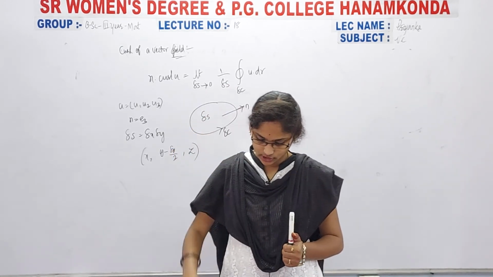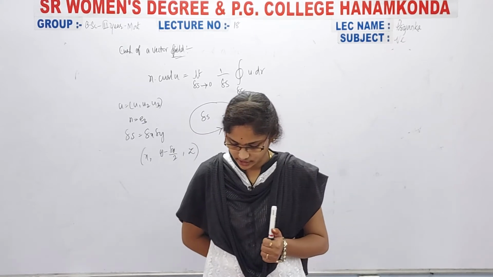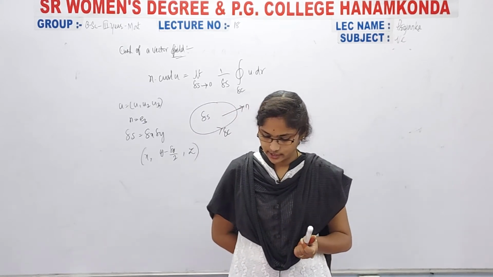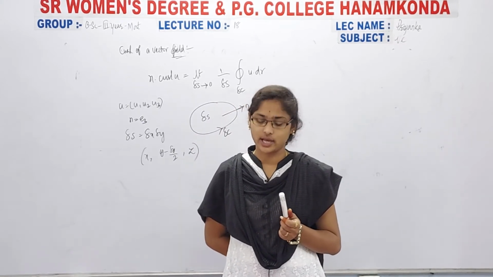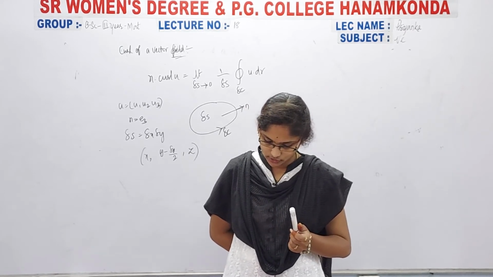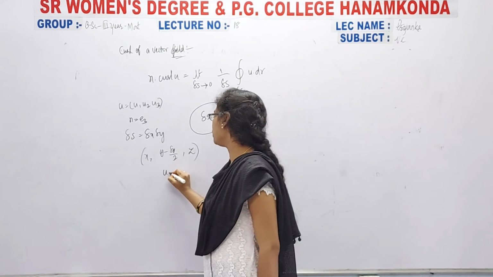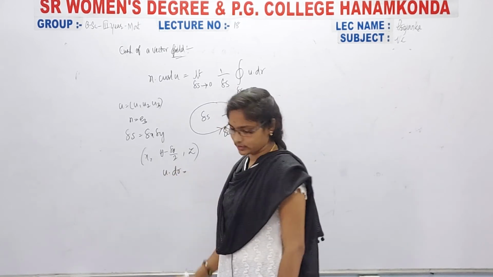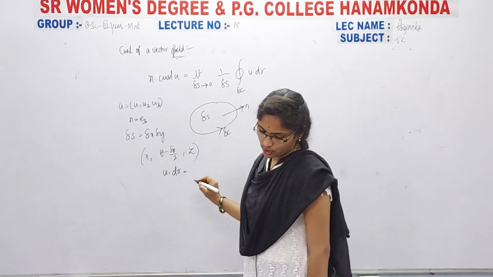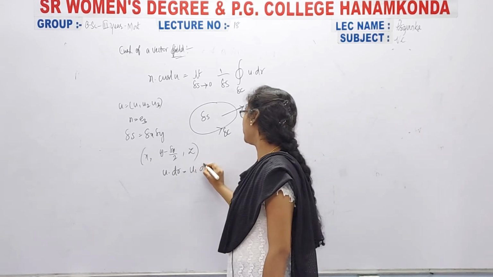Here the line integral is directed in the positive x direction, so u dot dr is equal to u1 dx.